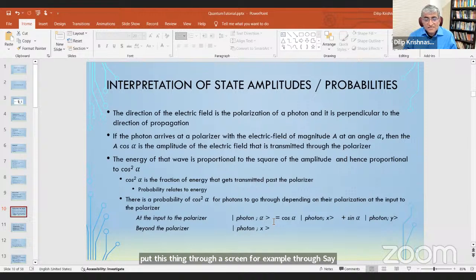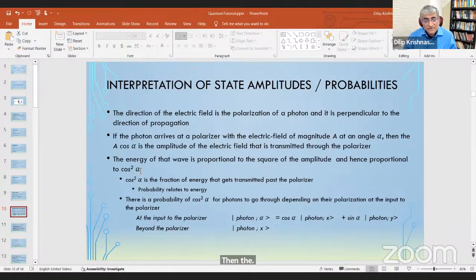going through a polarizer, and let's say the photons are arriving at some angle alpha, then it depends on that angle how much energy gets transmitted going past the polarizer.